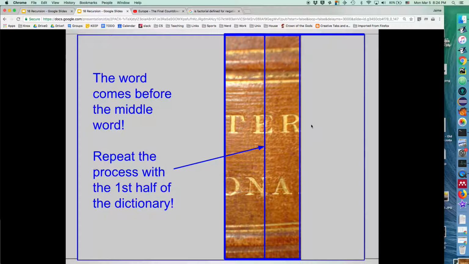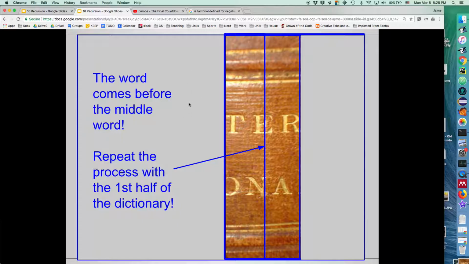What's amazing about this, so think about it: imagine you have a really big dictionary, about 1,000,000 words. We know from our powers of 2 that 2 to the 10th is about 1,000. It's actually slightly more. It's 1K, which is 2 to the 10th, but it's about 1,000. 2 to the 20th is about 1,000,000. 2 to the 30th is about 1,000,000,000. So if you have about 1,000,000 words in your dictionary, how many times can you cut it in half until you get down to something of size 1 that you can't really cut?